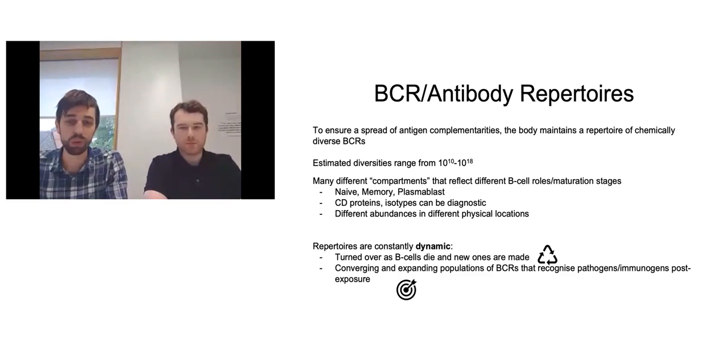The body actually expends an awful amount of energy maintaining a repertoire of chemically diverse antibodies. The diversity estimates you read depend on how much you factor in selection during development, but we can have a diversity of roughly 10 to the 18 different B-cell receptor antibodies based on just the configuration of how they're made up. It's an insane number.